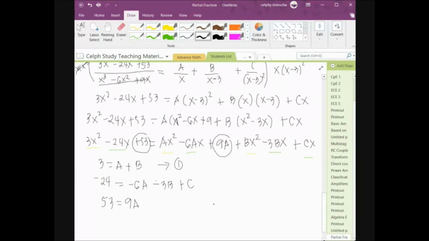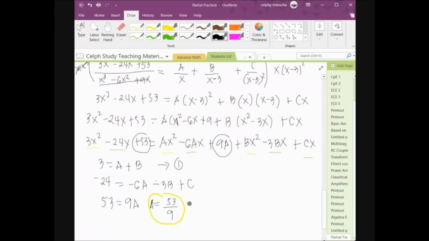Pila ang value dapat sa aton nga a? A is equal to 53 over 9. Una nato nga answer.